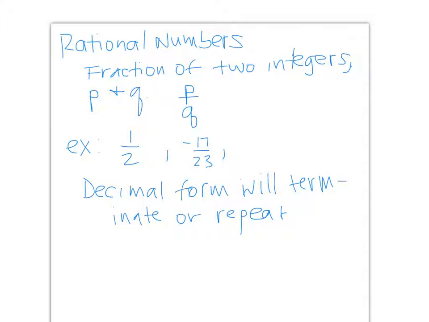So other examples would be like 1.5 or negative 0.repeating 3. Those are rational numbers. Integers are included in rational numbers. So we could refer to the integer, say 5, as 5 over 1, which is the fraction of two integers, 5 and the integer 1.